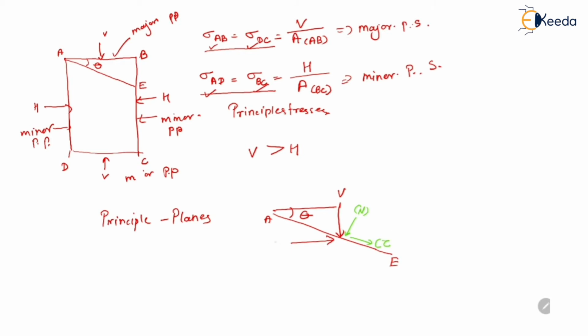Also, the horizontal force can be resolved into a normal component and a tangential component. Since there is a tangential force acting on the surface AE, it cannot be considered a principal plane and these stresses cannot be considered principal stresses.